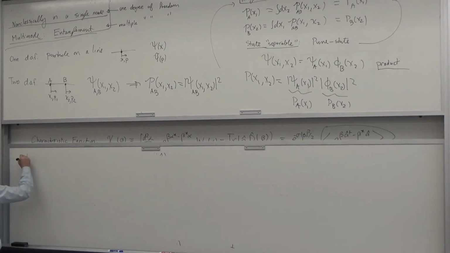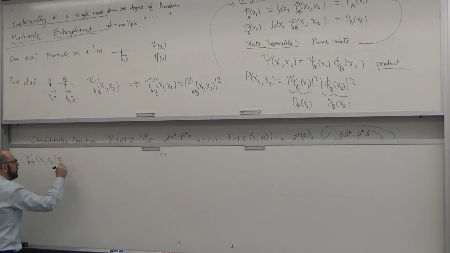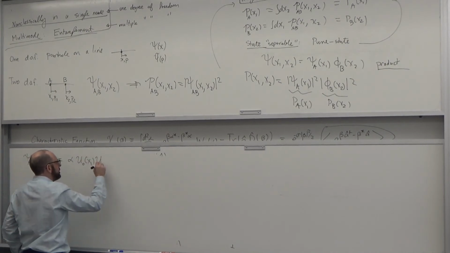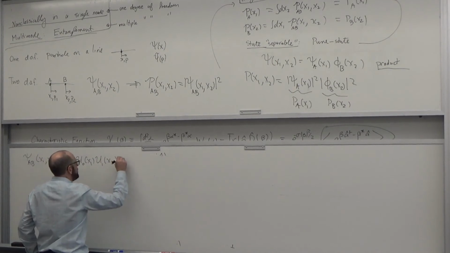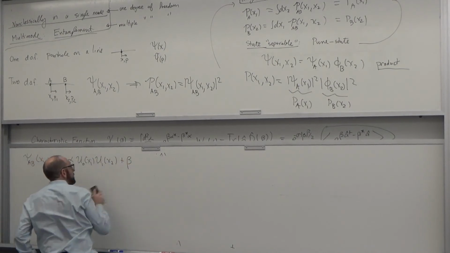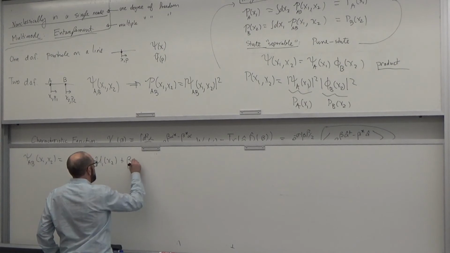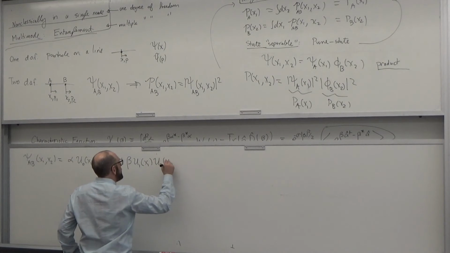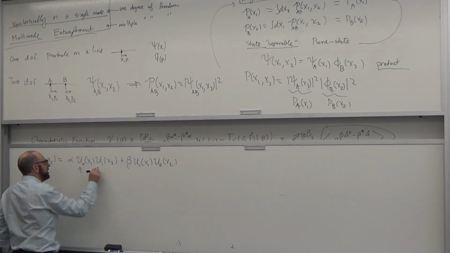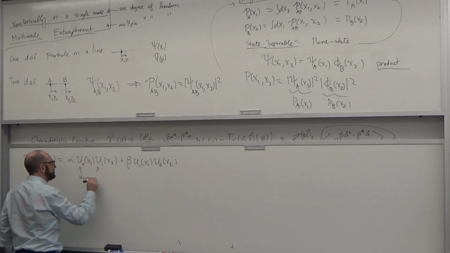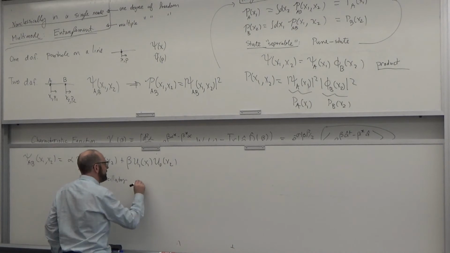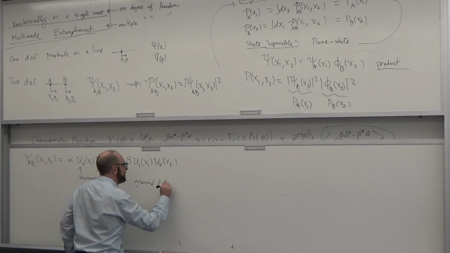So let's say my wave function for my two particles was this, where these were, say, harmonic oscillator ground and first excited state.